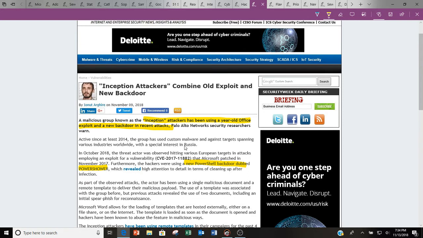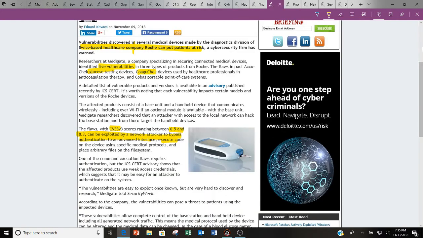So what does this mean to me? Don't go a year without putting your patches on. It doesn't matter if the patches are on your servers, and I know I've said it before and tonight, or your workstations or your smartphones, you have to patch. Failure to do so is negligence.